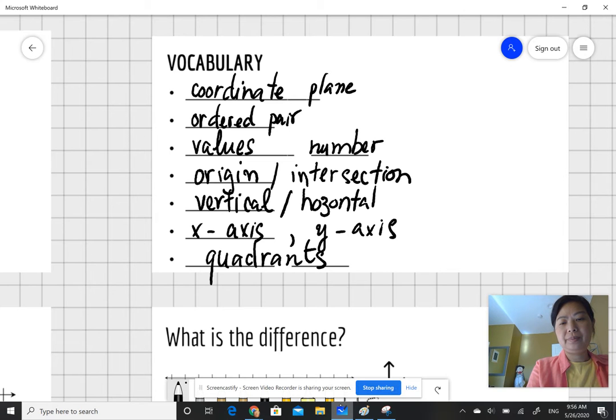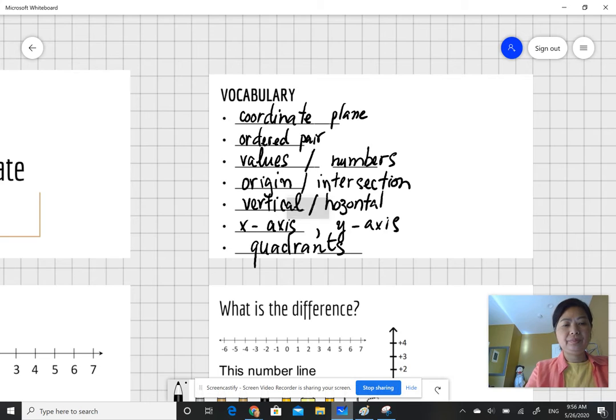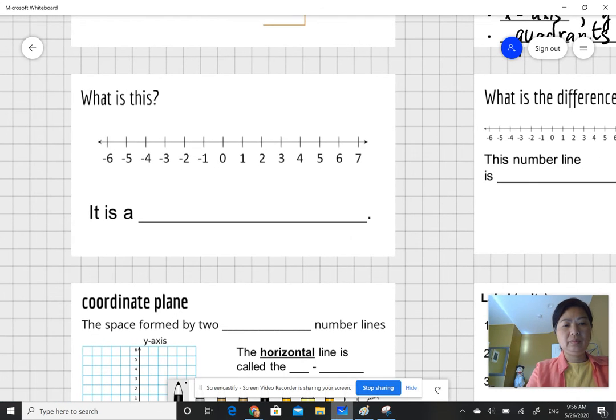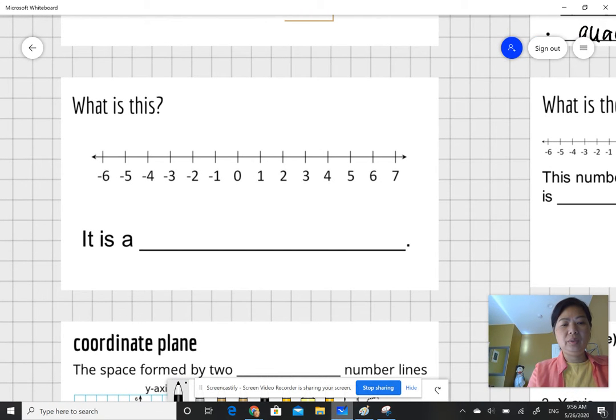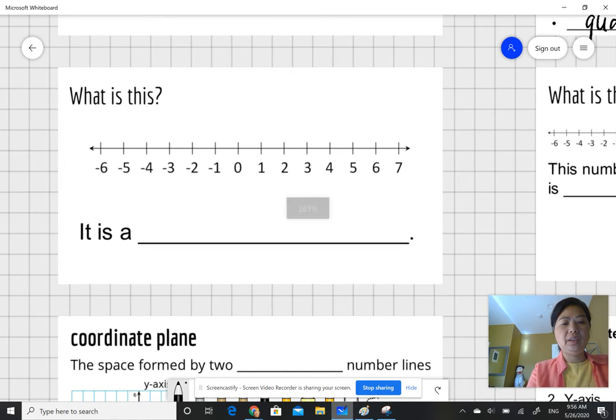All right, so let's go through. And what is this? We learned already the horizontal line with all the numbers on it. It is a number line, right?